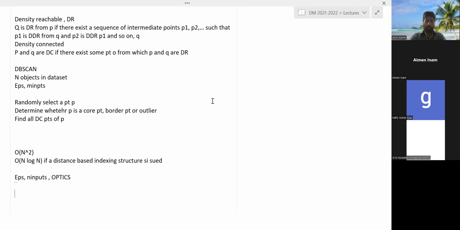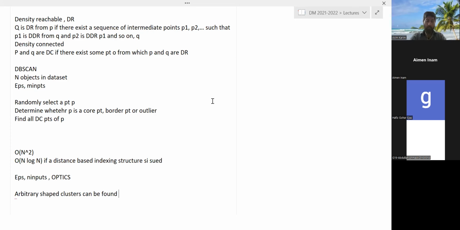The key benefit of density-based clustering is K is of course not required, and then secondly, it can find arbitrary shaped clusters. So the clusters may not always be spherical in shape. And of course, the clusters could be of different sizes as well, according to the density in the data.